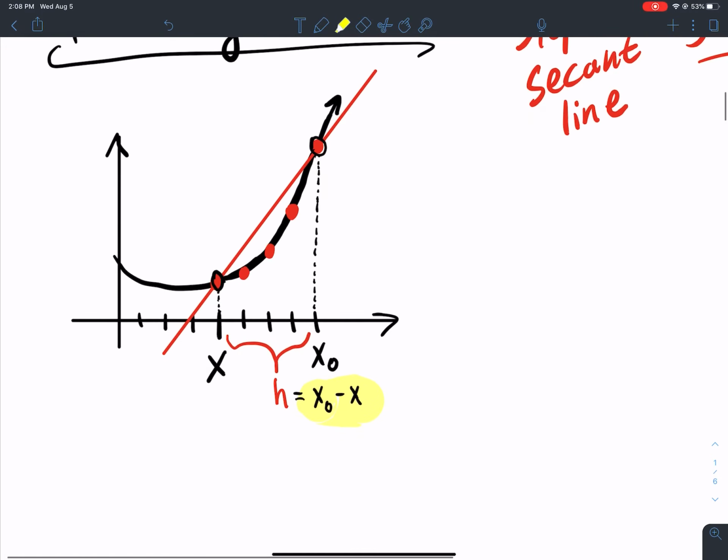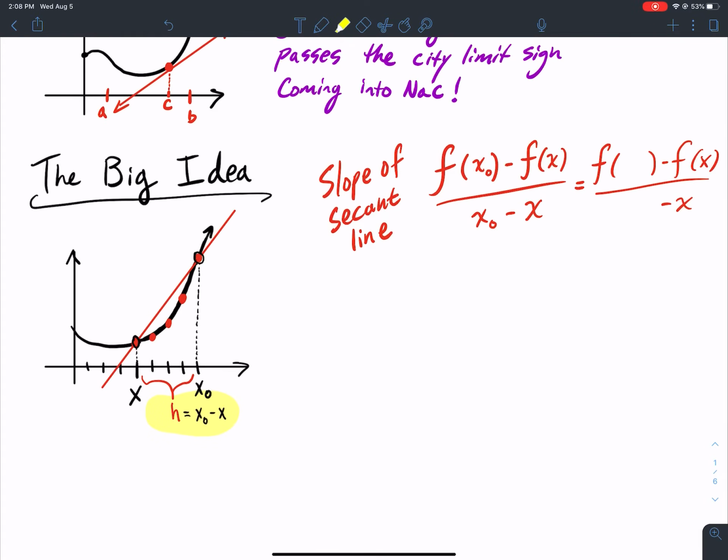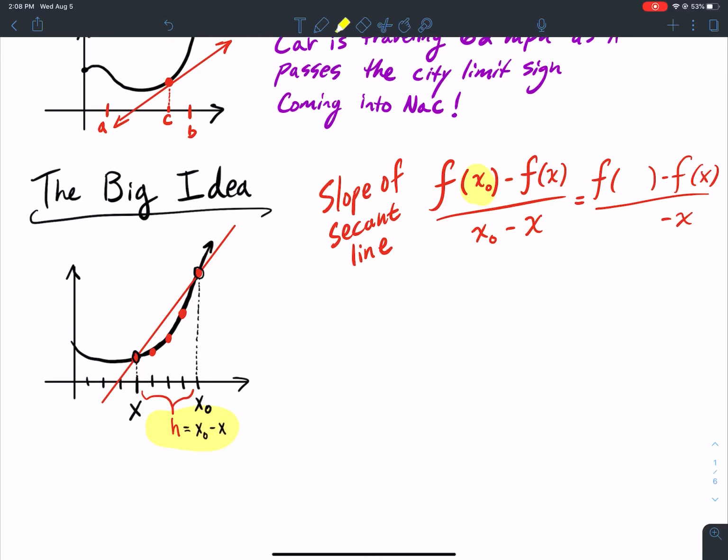And so now that I have this substitution, h equals x naught minus x, I'm going to substitute x naught for something in terms of x and h. Well, how do I solve for x naught here? I'm going to add x to both sides, and I get x plus h equals x naught. So everywhere I see an x naught, I'm going to put an x plus h. I'm going to substitute. That's what I'm doing.